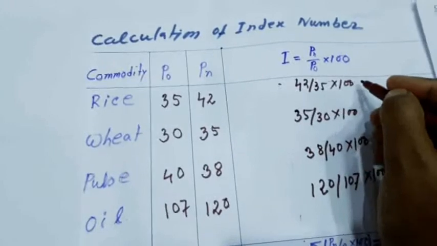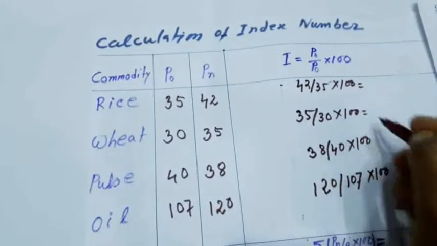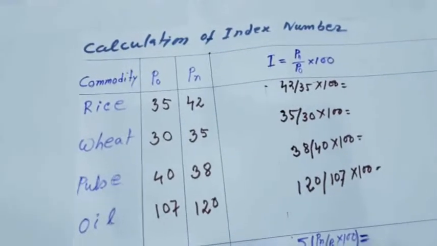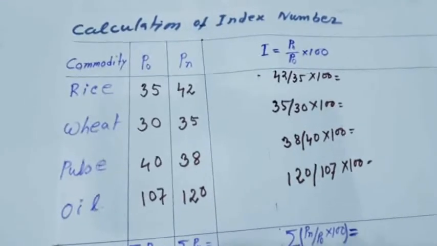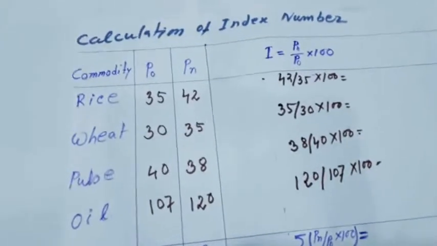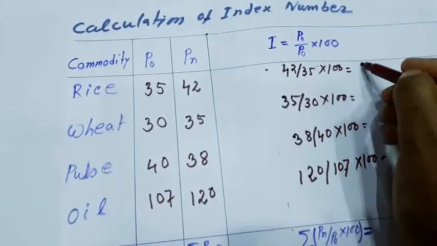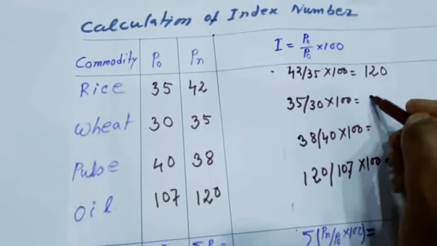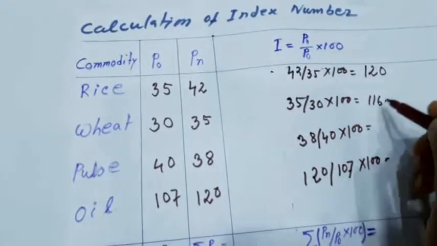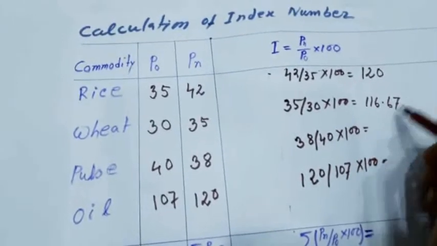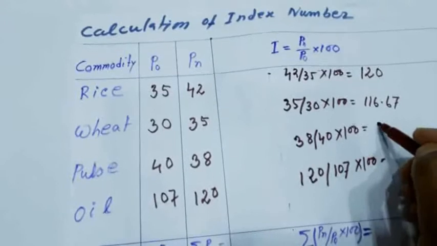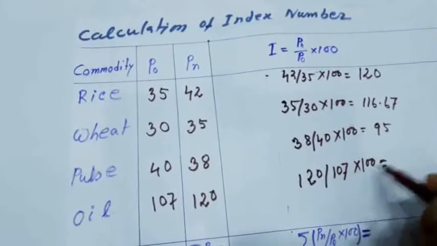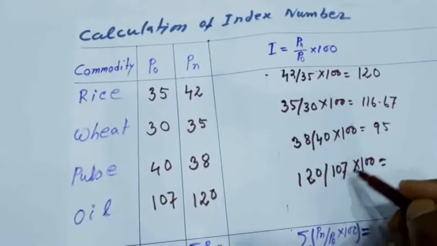Now we will calculate the price relatives. If we put all this value in the calculator, we will get 120, it is 116.67, it is 38 by 40 into 100, it is 95, and this is 120 by 107 into 100.